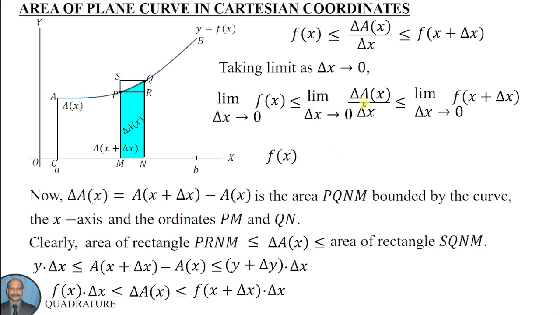Now the limit of ΔA/Δx as Δx tends to 0 is the derivative of A with respect to x. By the definition of derivative, this limit is the derivative of area with respect to x, which is less than or equal to, when Δx tends to 0, the right hand side reduces to f(x).